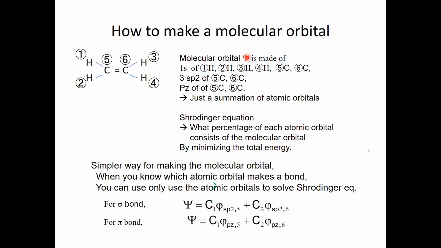And to obtain the molecular orbitals, we think of the molecular orbital as an overlap of the atomic orbitals. In this case, the 1s orbital of the first hydrogen, second hydrogen, third hydrogen, and so on, and carbon has sp2 orbitals, in this case three sp2 orbitals, and also the pz orbitals.